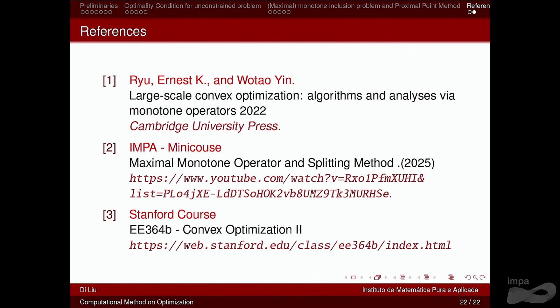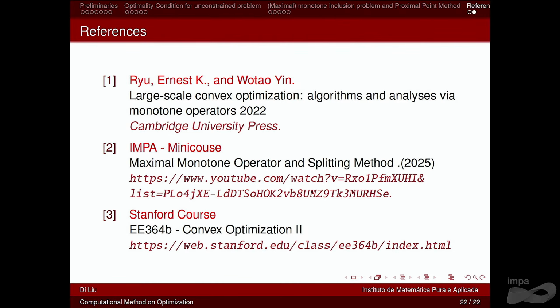So we give three references. First is a book about large-scale convex optimization algorithms and analysis via monotone operators. You can download this book from the website. They also have a corresponding video course on YouTube, and you can find the material about maximal monotone operators and the proximal point method. Of course, you can also find it in a mini course I gave last summer school.